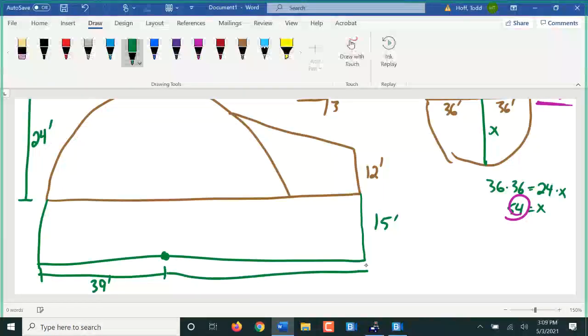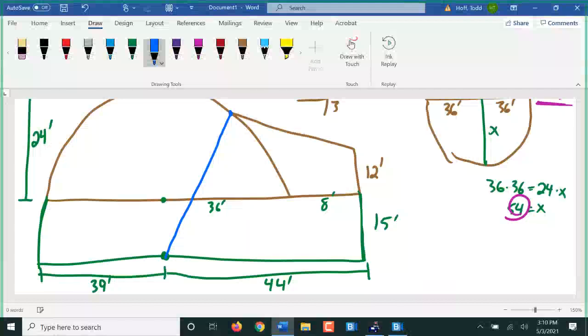The distance from the center out to here is still just half of the 72, which was 36, plus the 8, still just 44 feet. Because this came straight down, that distance doesn't change. This went out at the curve, that distance does increase. That becomes the radius. Now let's draw our radius in from the center of the circle out to where that roof hits. Of course, that radius is 39 feet long.